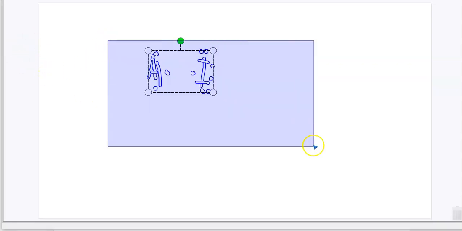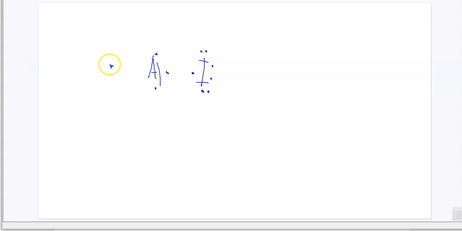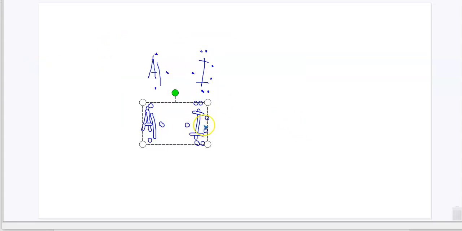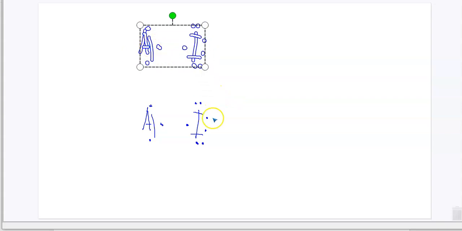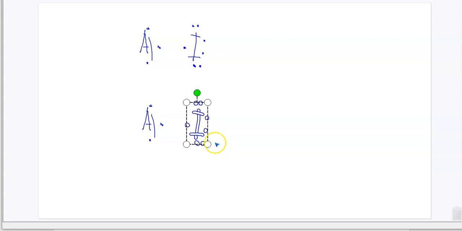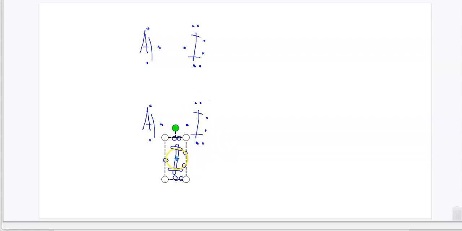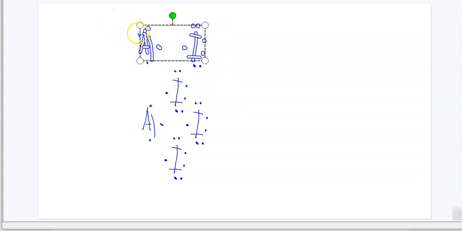So during bonding, what I'm going to do, let's move this a little, is I'm going to do 3 iodines. Let's move it a little more.